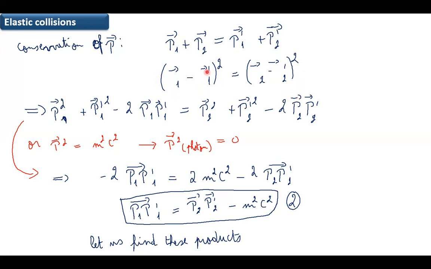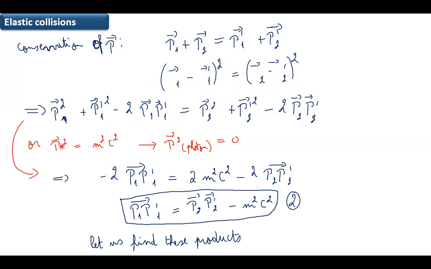So (P1 minus P prime 1) squared is equal to (P2 minus P prime 2) squared, etc. You develop this equation. So P1 squared plus P prime 1 squared minus 2 P1 P prime 1 is equal to P2 squared plus P prime 2 squared minus 2 P2 P prime 2. And you know that P squared is invariant.